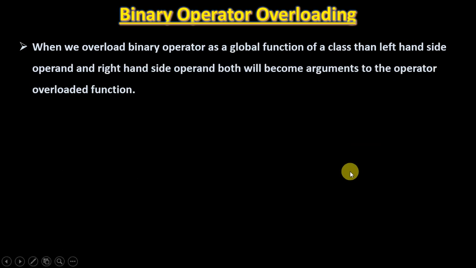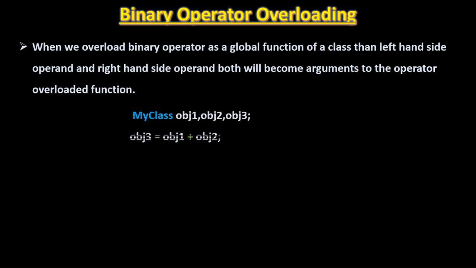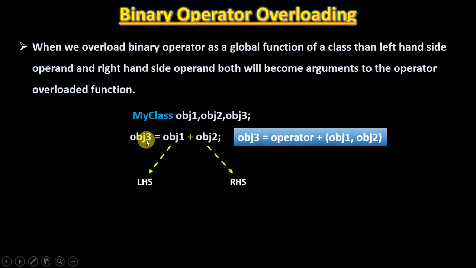In the same way, when we are overloading this operator function as a global function, how will the compiler treat it? In the statement obj3 equals obj1 plus obj2, the compiler will convert this statement as obj3 equals operator plus, and both obj1 and obj2 will be arguments to this function.